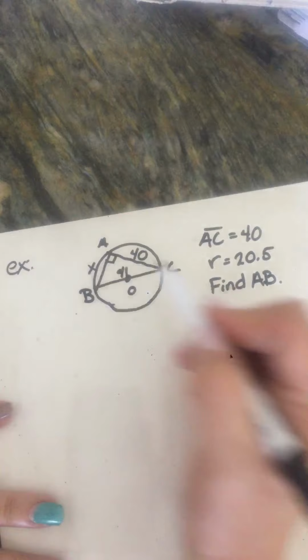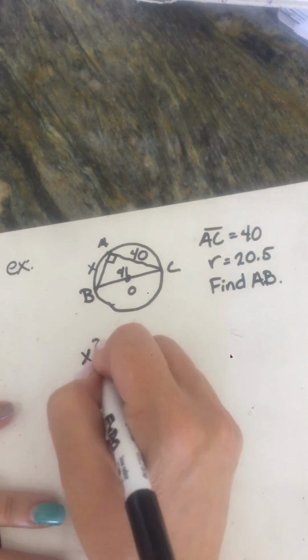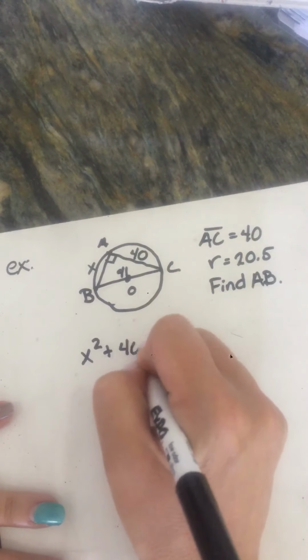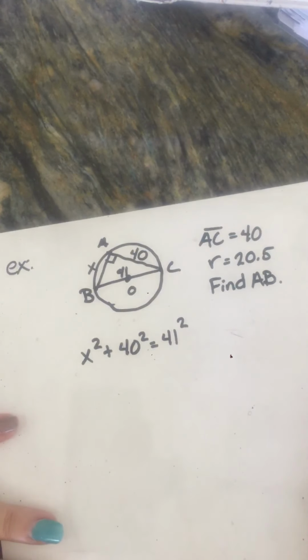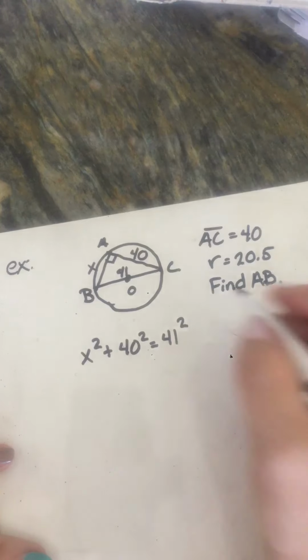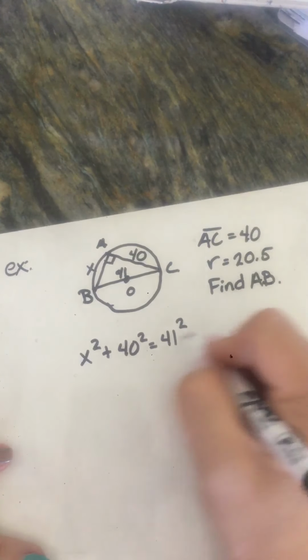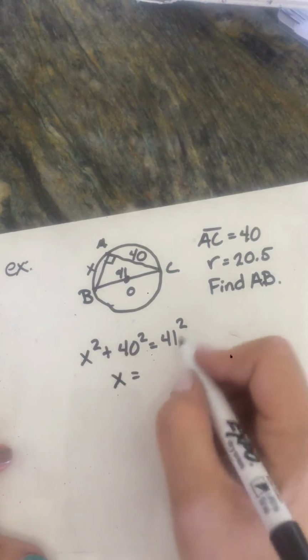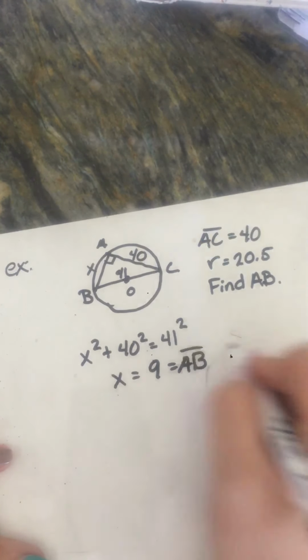I'll call this ABX, just so that when I use the Pythagorean theorem, I have x squared plus 40 squared equals 41 squared. It's a family, or you can just brute force through the Pythagorean theorem. It is totally up to you, but you will find that x equals 9, which is the same as AB in this case.